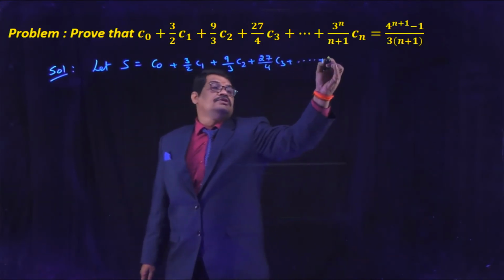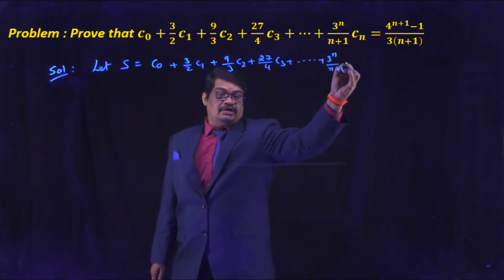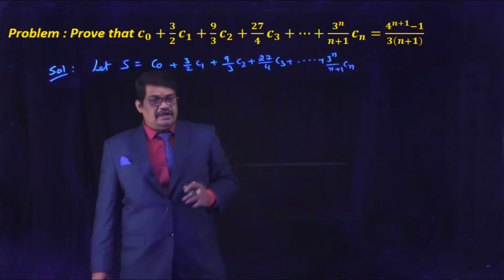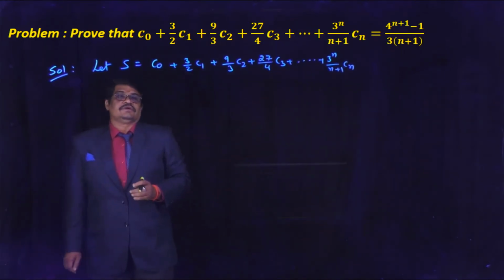The last term is 3 to the power of n by n plus 1 Cn. That is the LHS of our proving result. Okay, that is given.